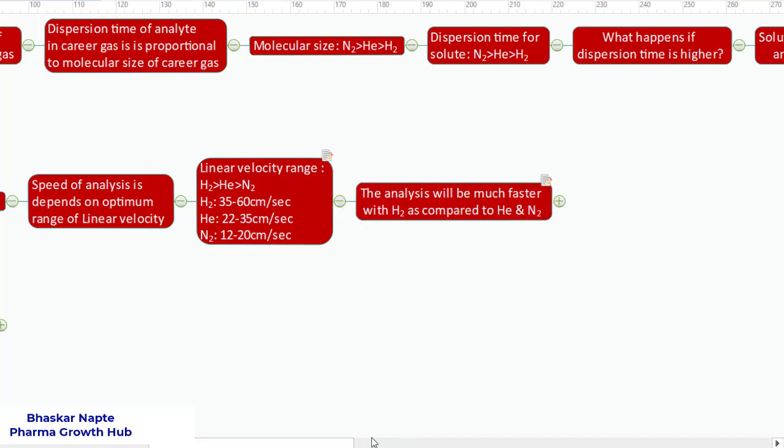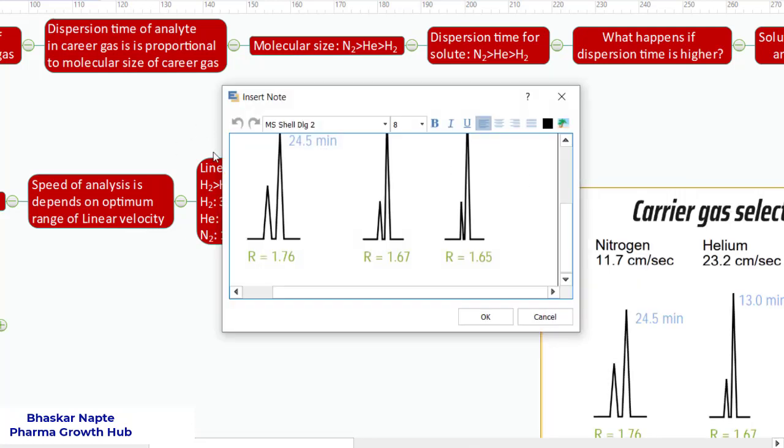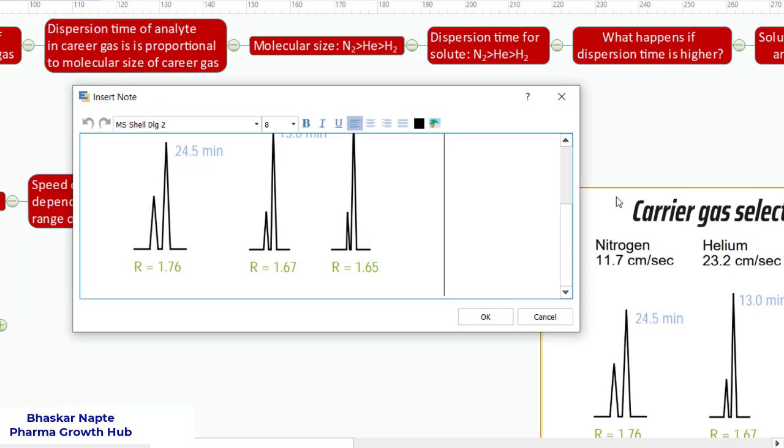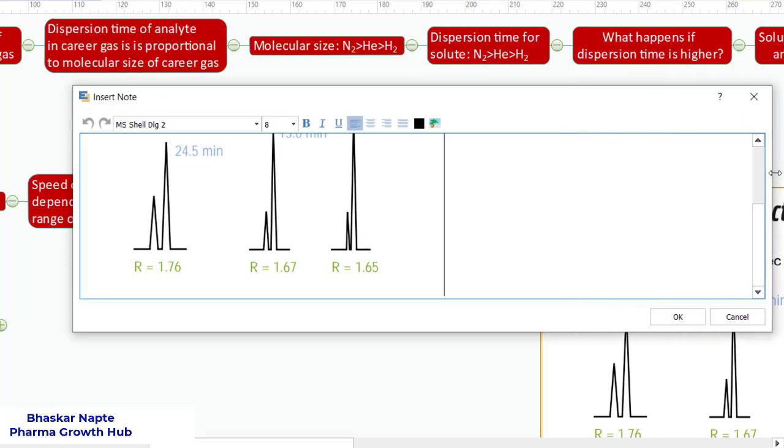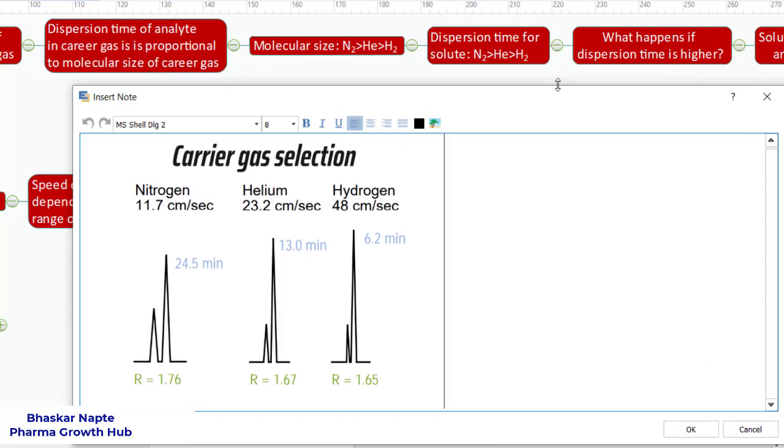So what is the impact of this? The analysis will be much faster with hydrogen as compared to helium and nitrogen. Let me show you with an example how this impacts the speed. Now look at the three different chromatograms.